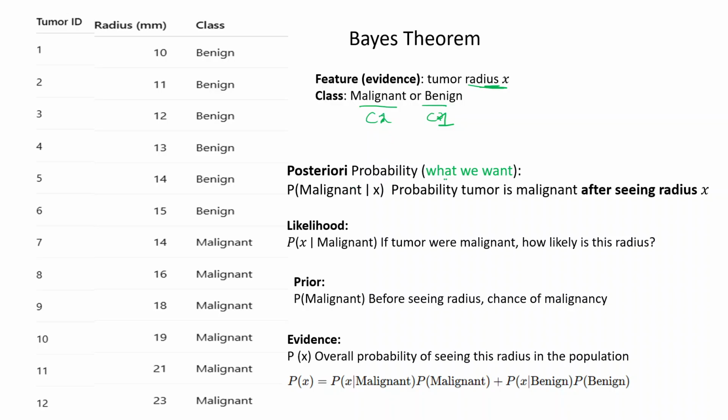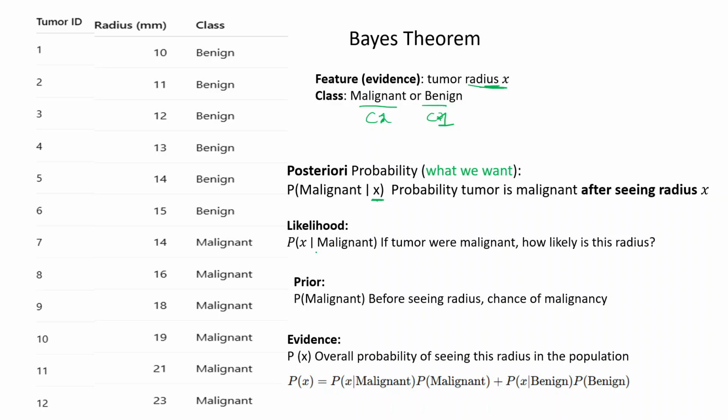The posterior probability is what we want: given some radius value X, with what confidence can we decide it is malignant? That is, the probability the tumor is malignant after seeing the radius X.